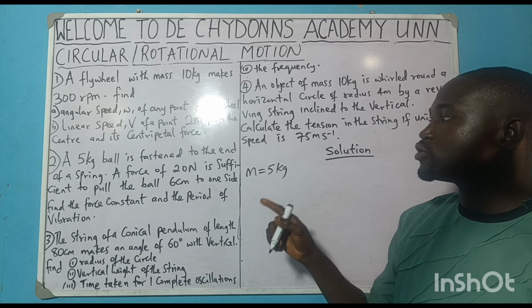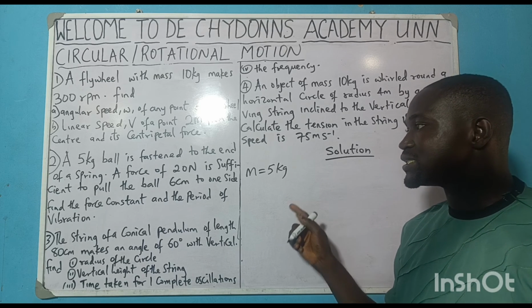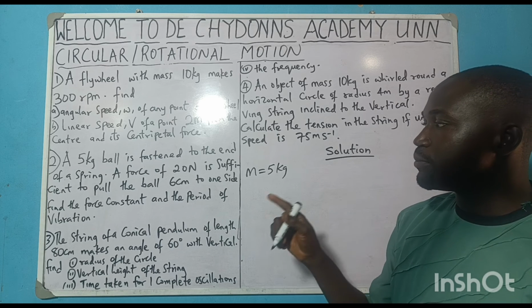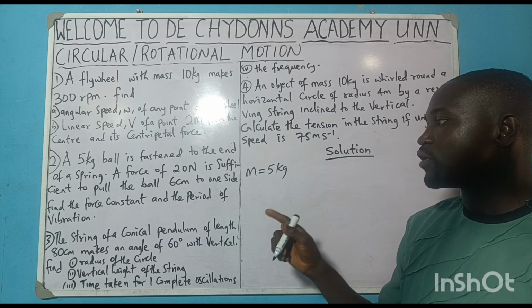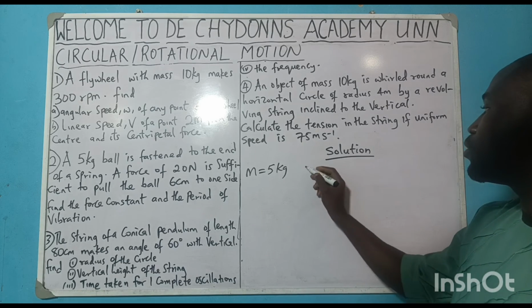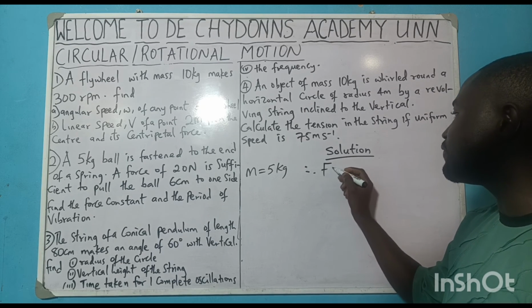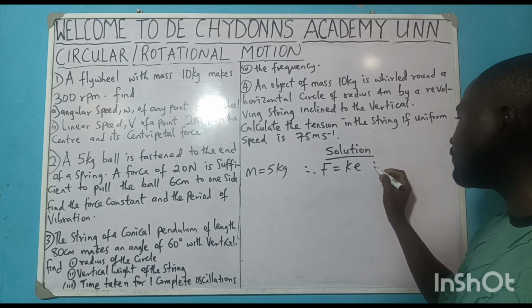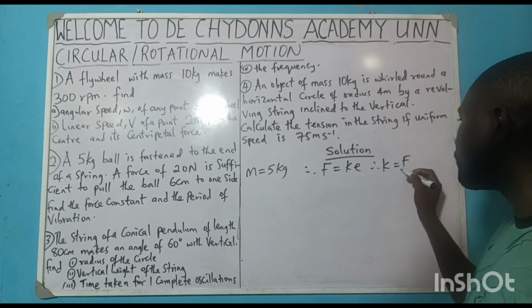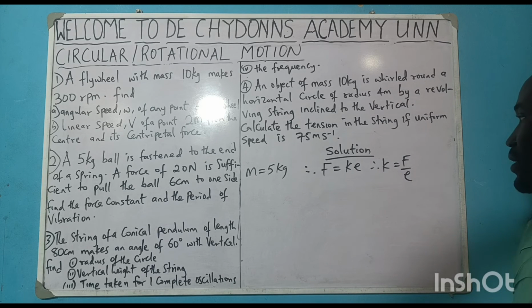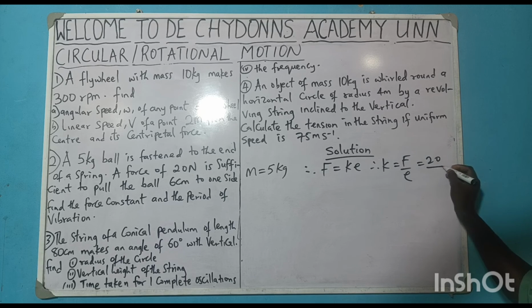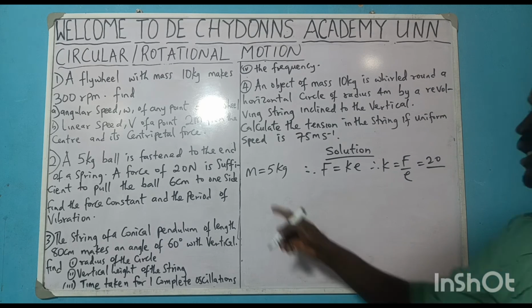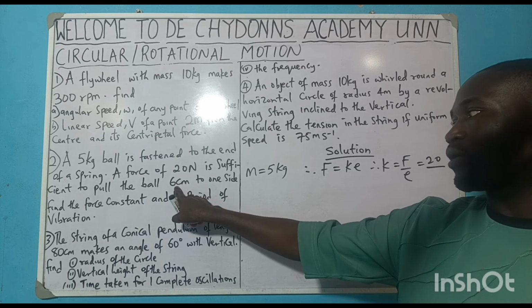Find the force constant. Okay, we noted that F is equal to Ke. Therefore, K will be equal to F over e from springs. The force is equal to 20 all over the extension, this 6 cm we are talking about, which is equivalent to 0.06 meter.